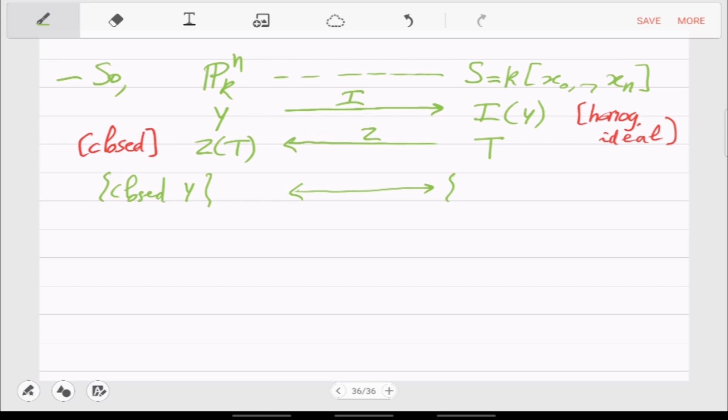So radical homogeneous ideals. In a way you can say that these radical homogeneous ideals are completely characterized by the zeros, which is the closed set Y. Yeah, that was a proposition you have to prove.